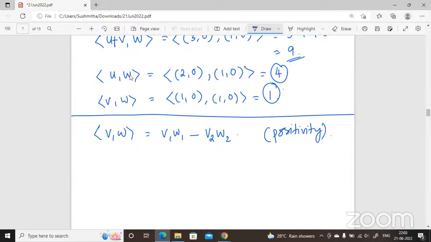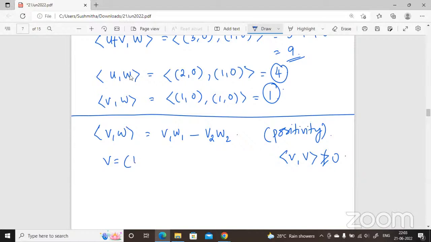So I want to show that this condition is not satisfied. So what vectors should I choose? In fact, I want to show the inner product v comma v is not greater than or equal to 0. For that, what v can I choose? Ma'am, v2 w2 should be greater than v1 w1. Exactly. So what should I choose for v?